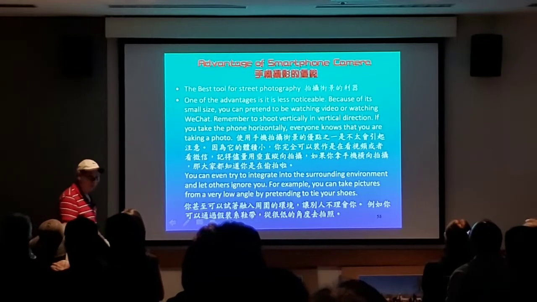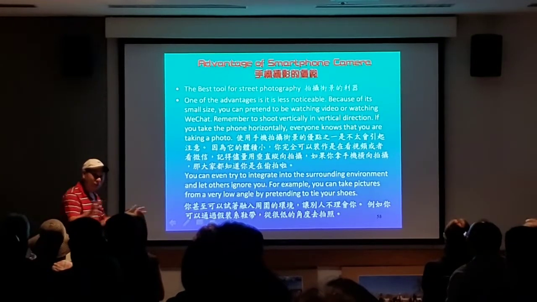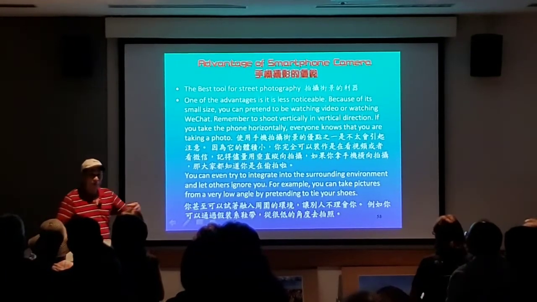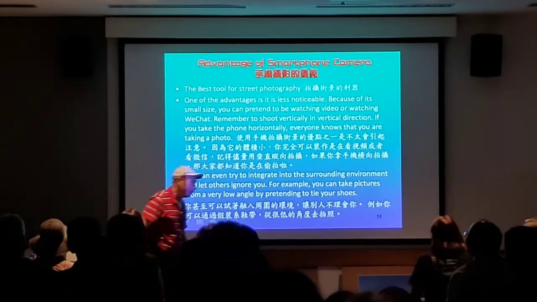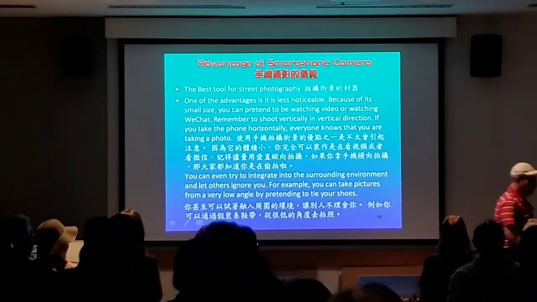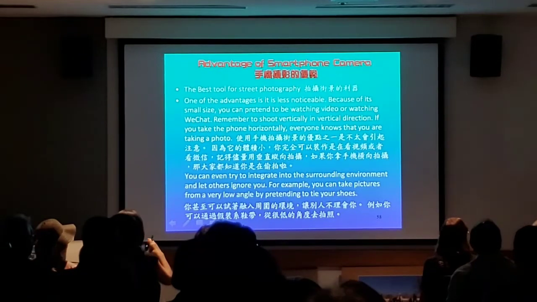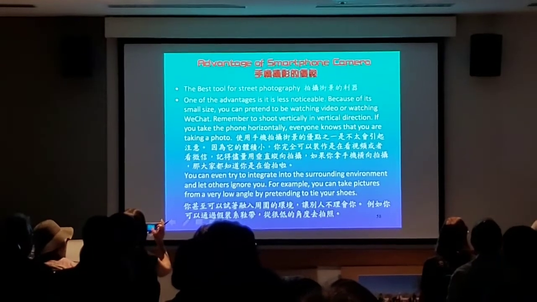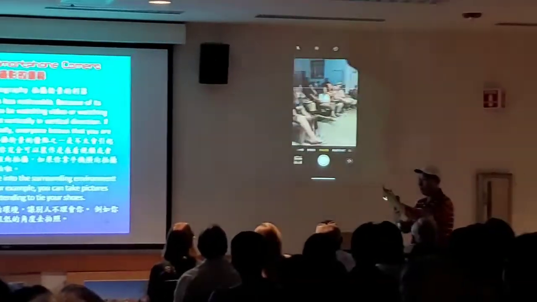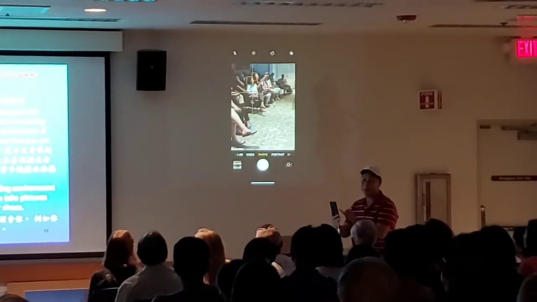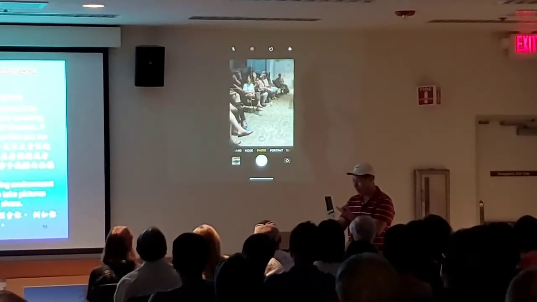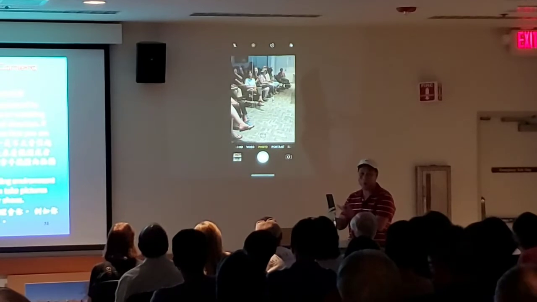And if you really want to take pictures that nobody knows you do, you can do a lot of tricks. You can just use your cell phone, and people don't know you're taking pictures or you're watching your cell phone. Okay, I'm reading stuff. I'm watching my video or I'm doing WeChat.